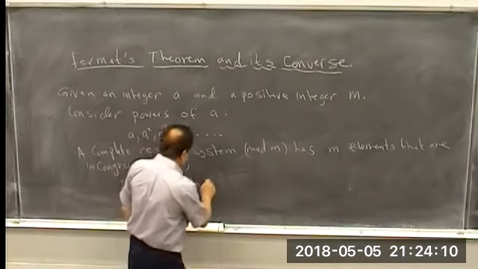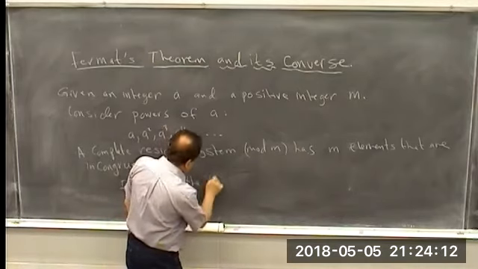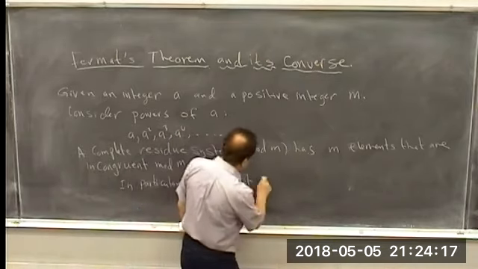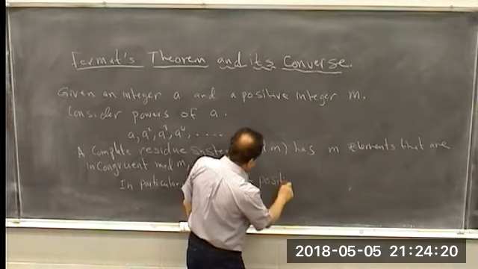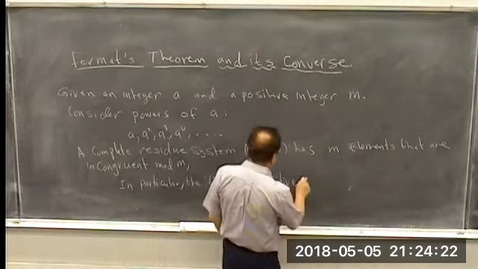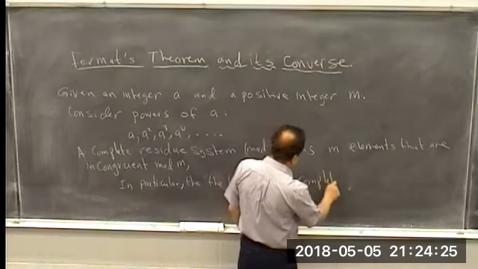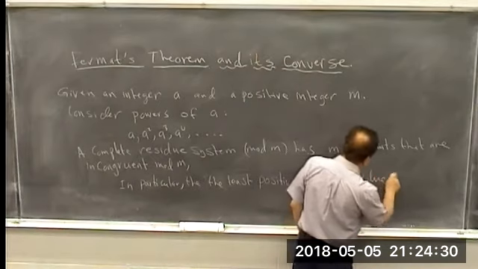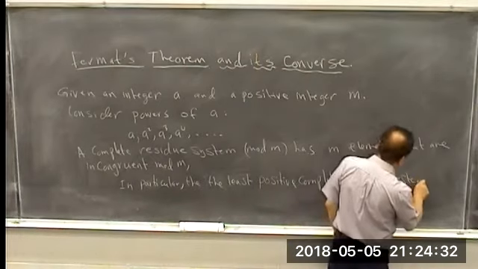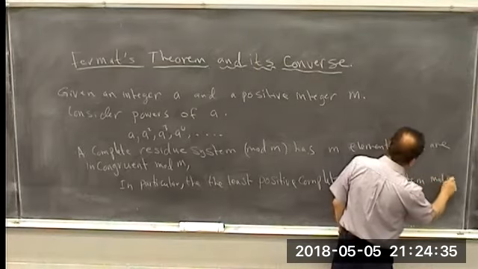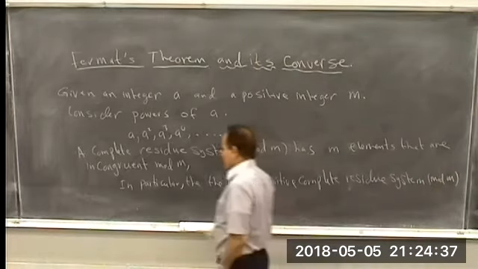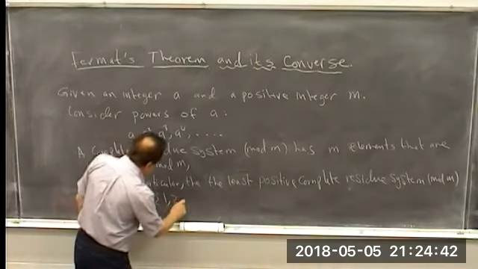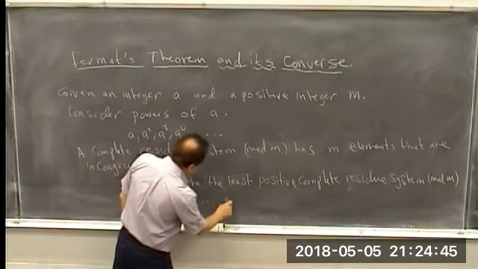In particular, the least positive complete residue system mod M is this: 1, 2, 3, up to M minus 1.